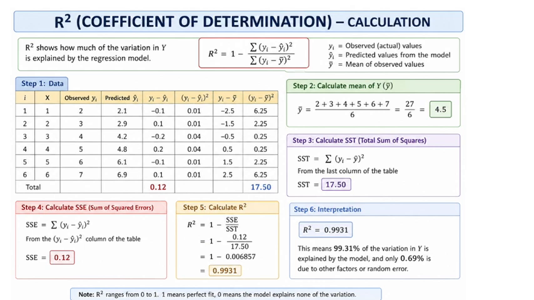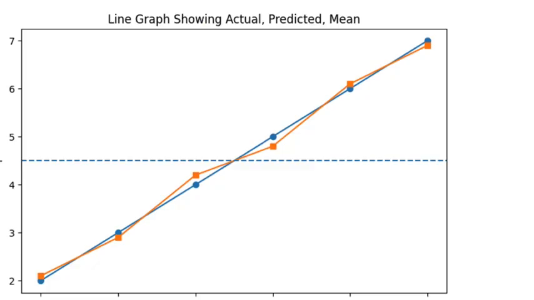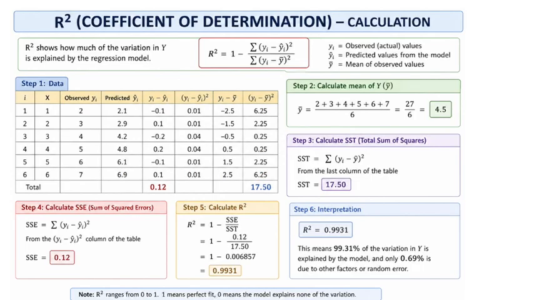The next step is calculating the SST, which is called the total sum of squares. The total sum of squares is calculated by subtracting the mean value from each y value, and squaring the differences.